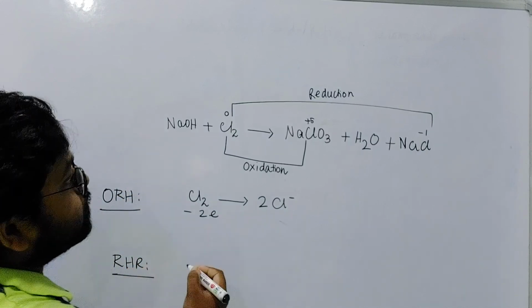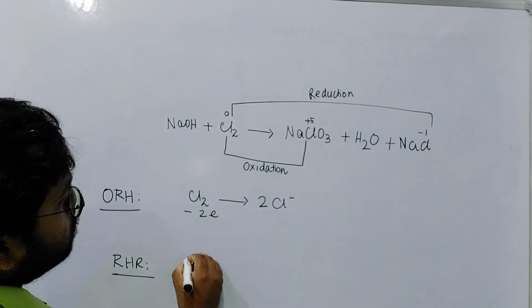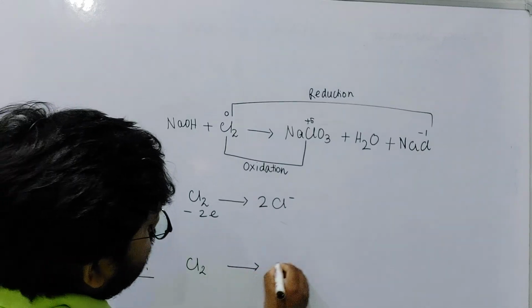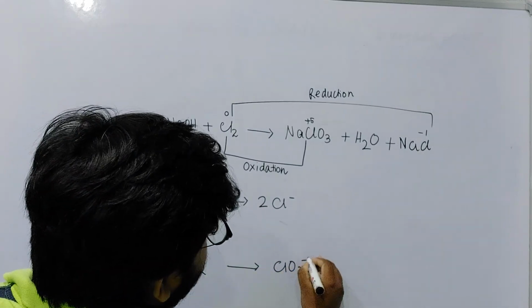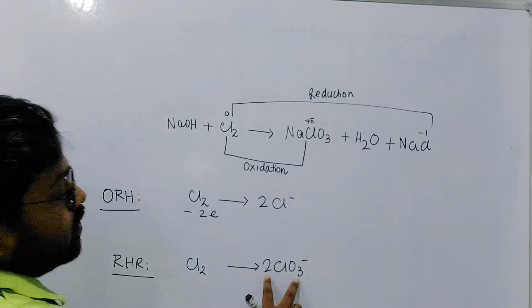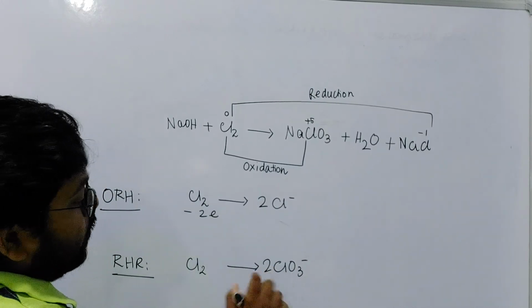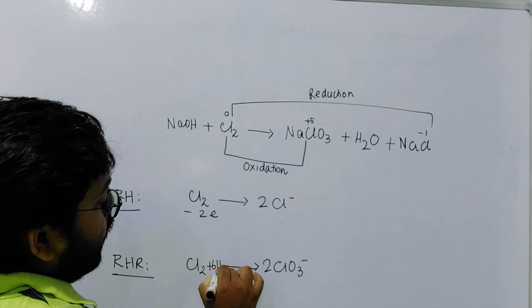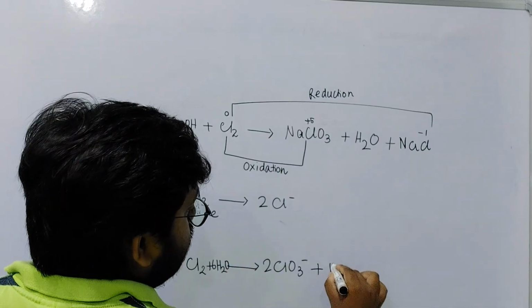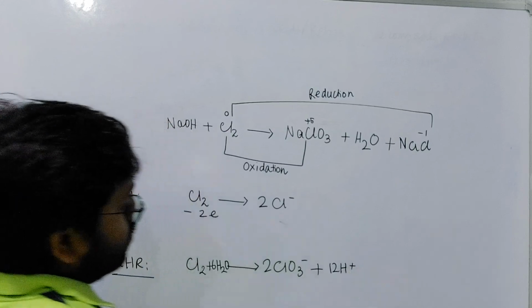And what about the reduction half reaction? Nothing but Cl2 into ClO3 minus. The process is exactly the same. First of all, we need to add a 2 over here to balance the chlorine. Now very simple, here there are 6 oxygens, so that's why 6 water will be added on this side, and also 12 H plus on the right hand side to balance.